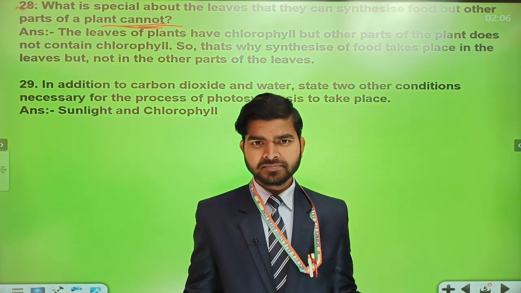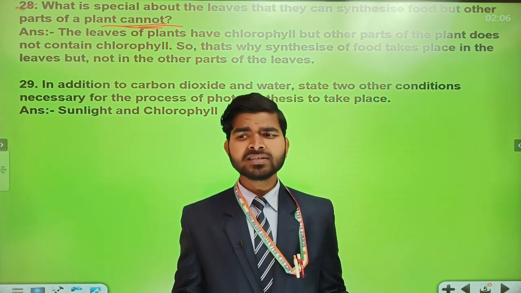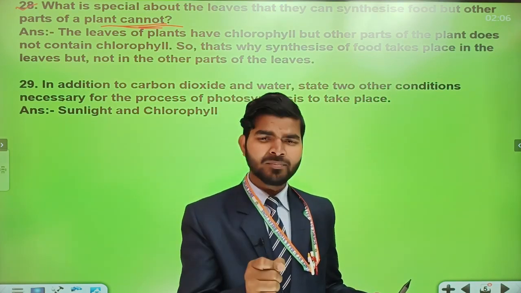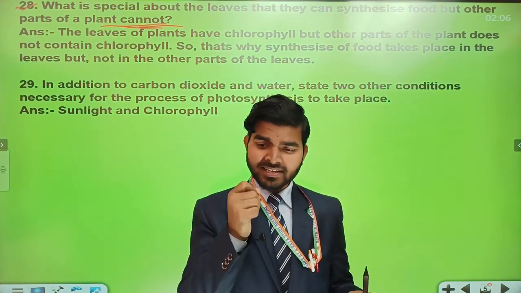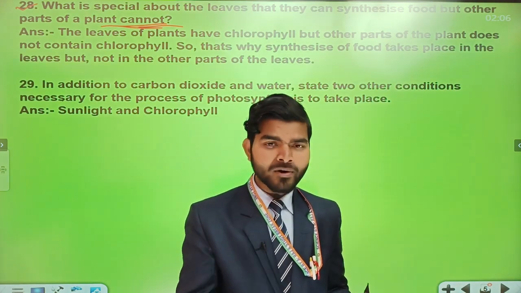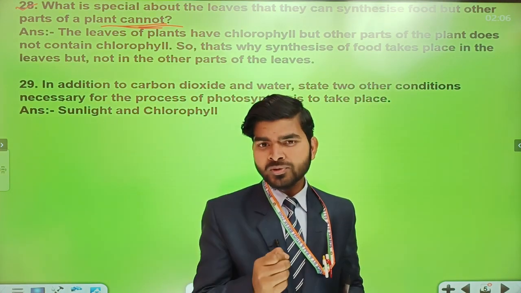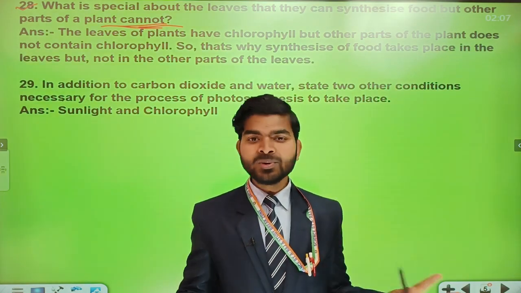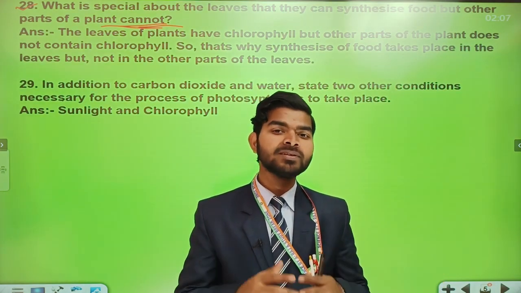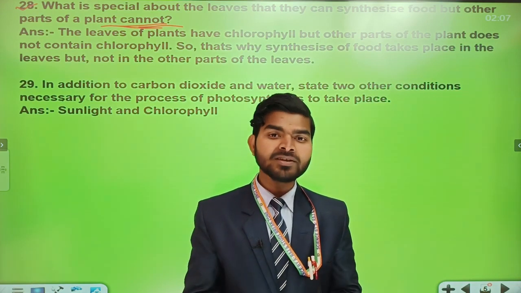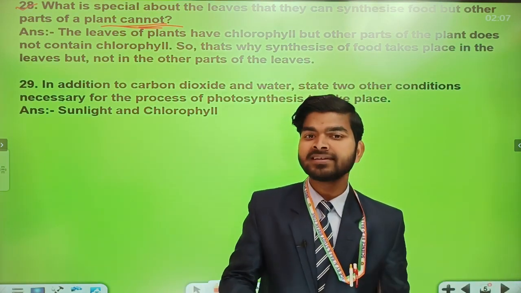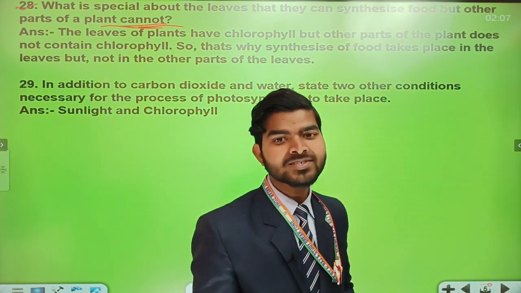But in little amounts, other parts also contain chlorophyll. In negligible amounts, other parts can also do photosynthesis, so we will simply say that no, photosynthesis does not take place in other parts. Photosynthesis takes place in the leaves only. Why? Because they contain chlorophyll. So this is your answer.